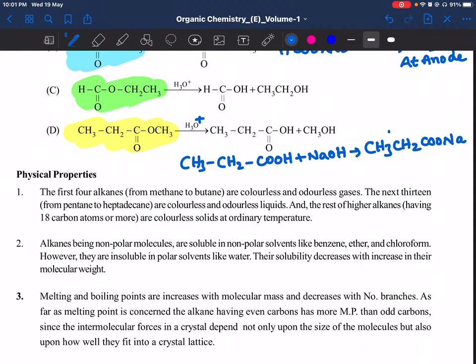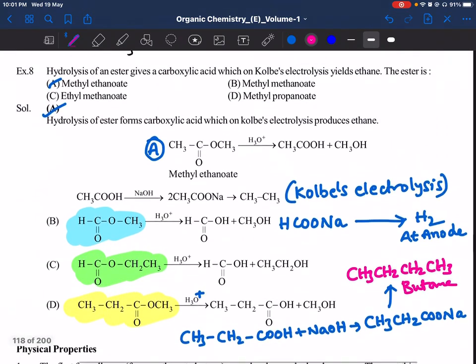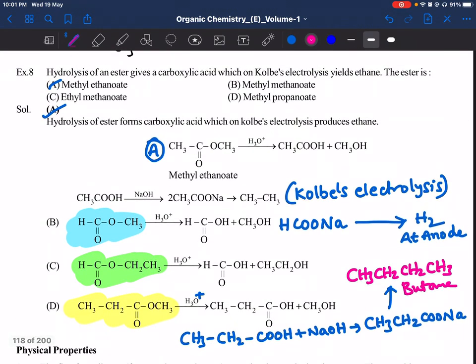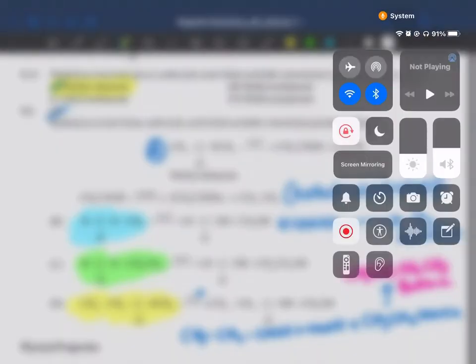Sodium propionate, when undergoing Kolbe's electrolysis, gives butane, CH3CH2CH2CH3, not ethane. So the ester that gives ethane by Kolbe's electrolysis after acid hydrolysis is methyl ethanoate. Okay, students, so these are the topics. Thank you very much.